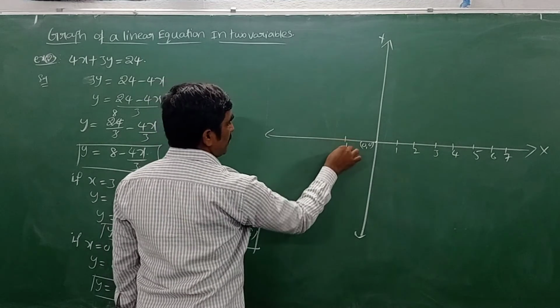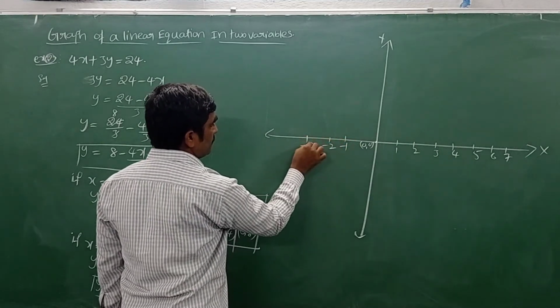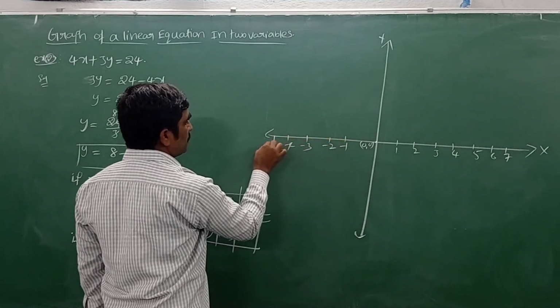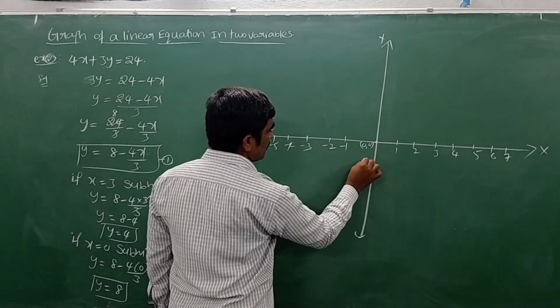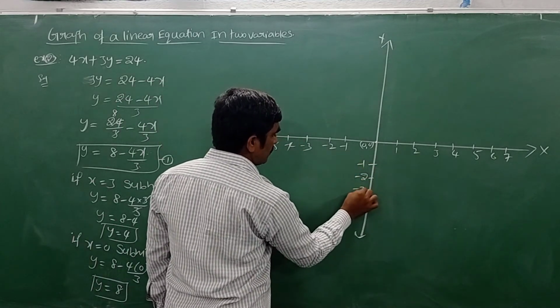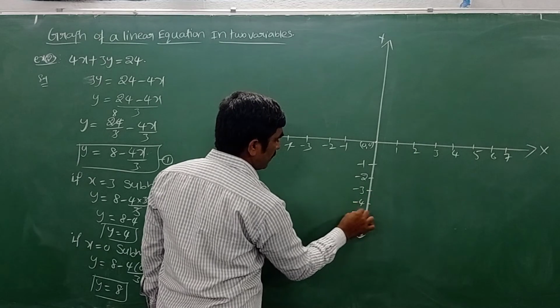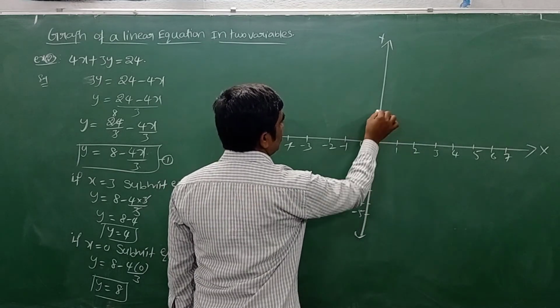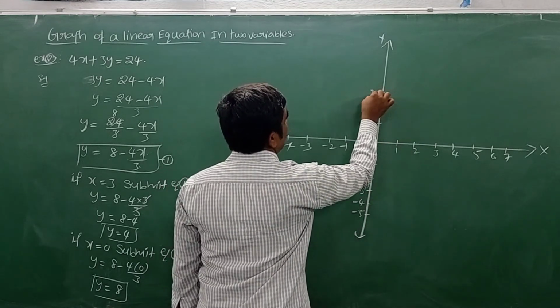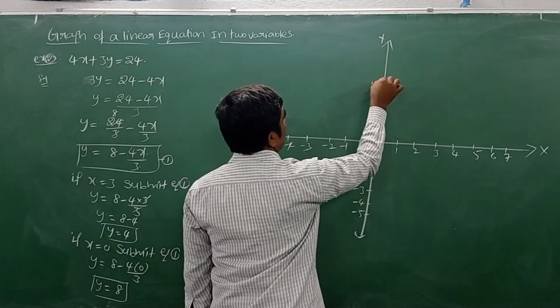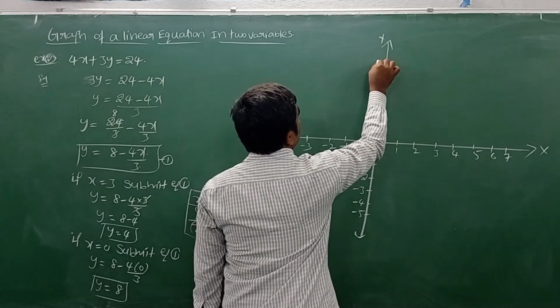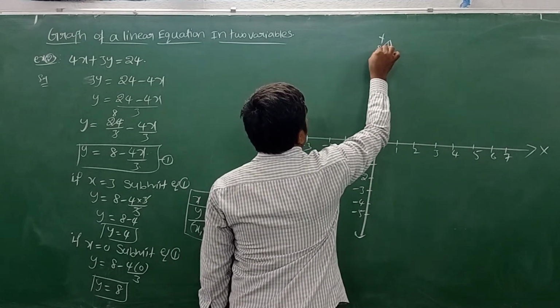Here I can go with -1, -2, -3, -4, -5, and on the other axis 1, 2, 3, 4, 5, 6, 7, 8.